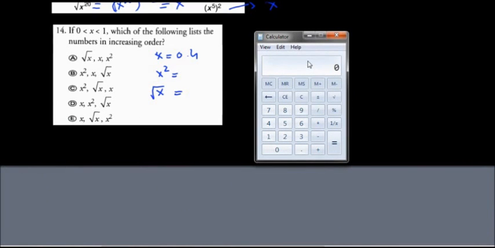So x squared, in this case 0.4 squared, so I'll do 0.4 times 0.4, which is 0.16. See how x squared is actually less than x.